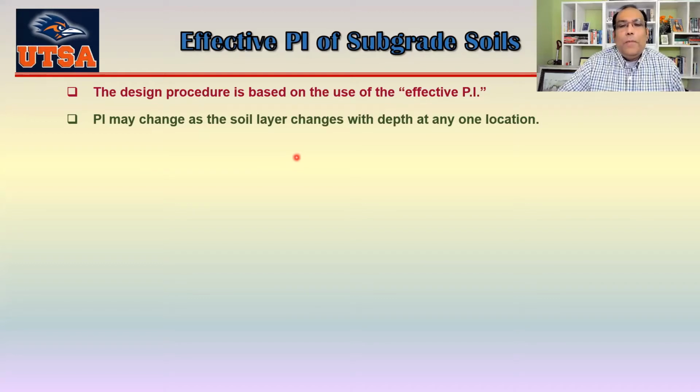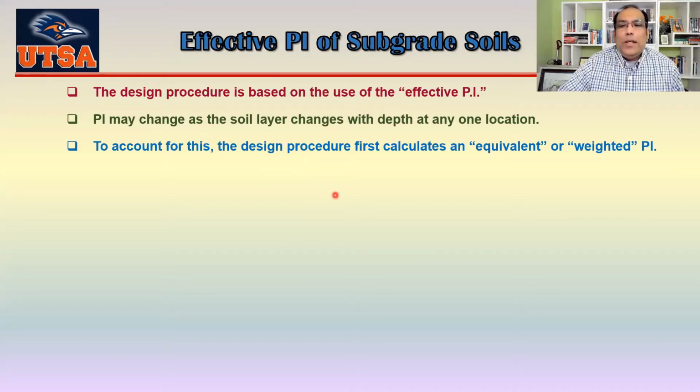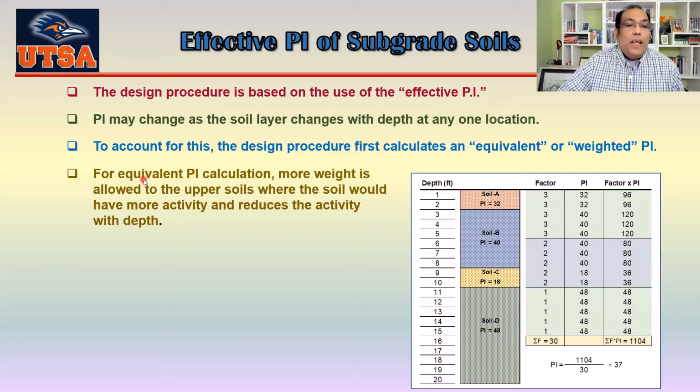Now, you have to find a procedure so that you can use the equivalent or weighted PI for different layers. For the equivalent PI calculation, more weight is allowed for the upper soil compared to the soil that's below the surface.